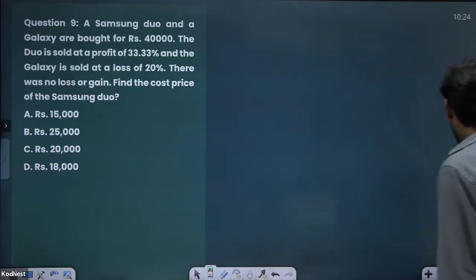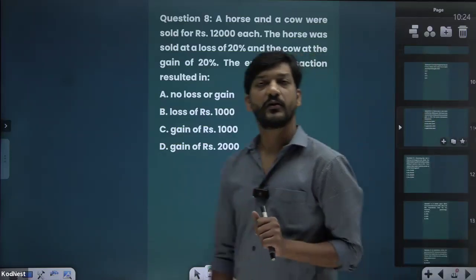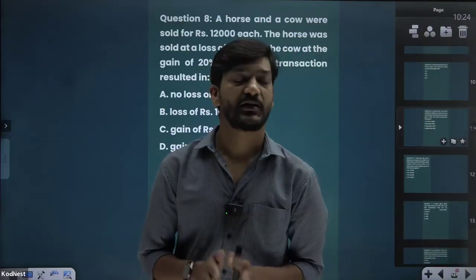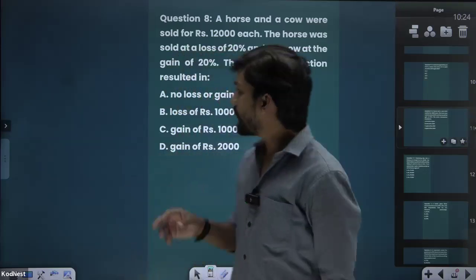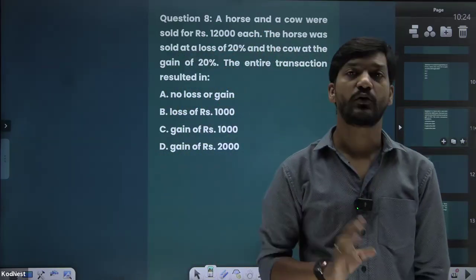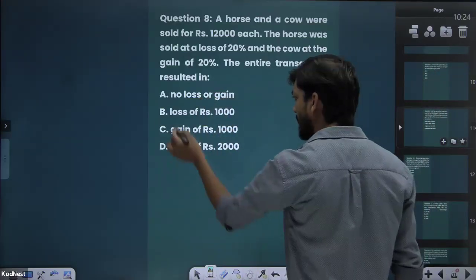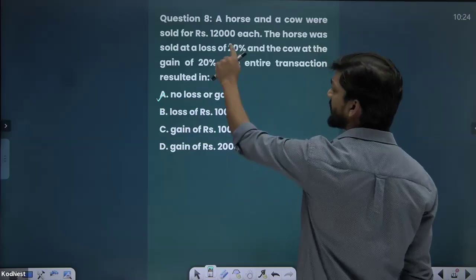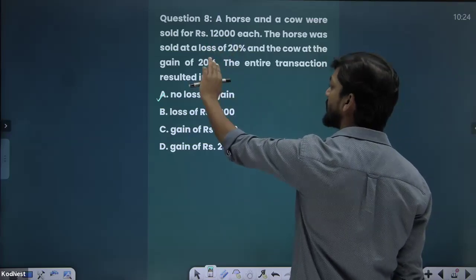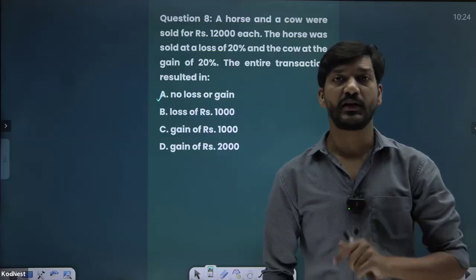So yesterday we completed till this question. In this question, we understood one thing: just by the selling price being the same, even if the profit and loss percent is the same, we cannot say it is no profit, no loss. The normal behavior is to directly say a loss of 20%, a gain of 20%, but actually it is not, because the selling price is the same.